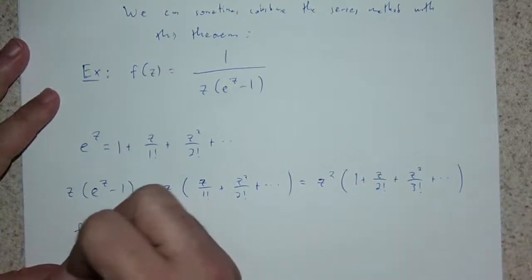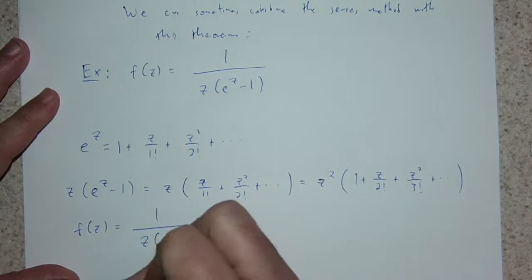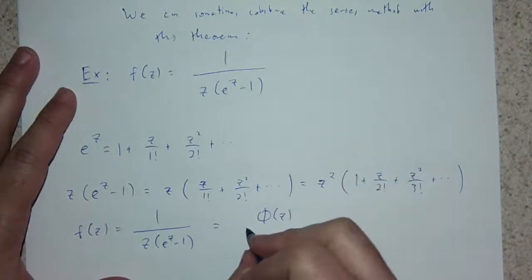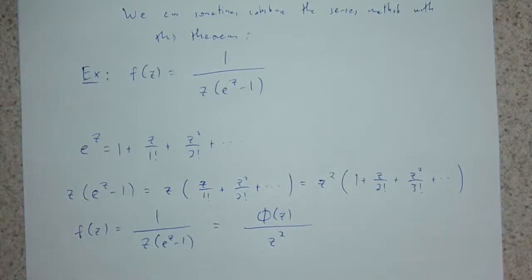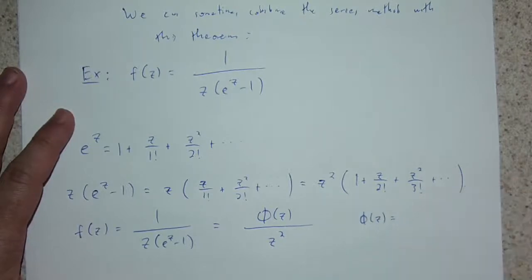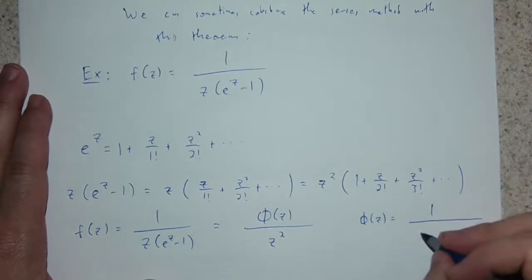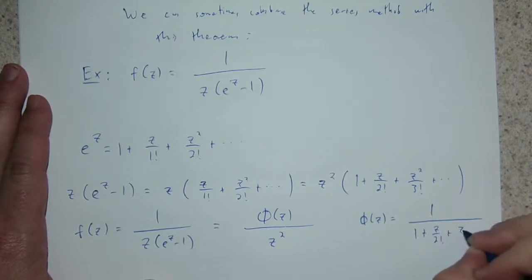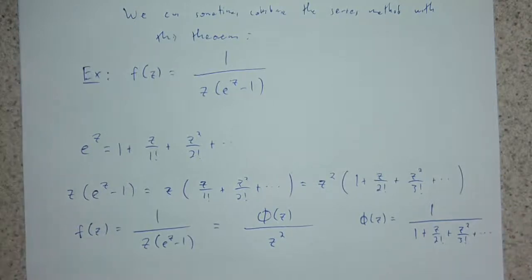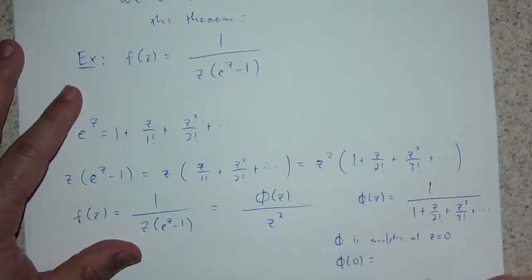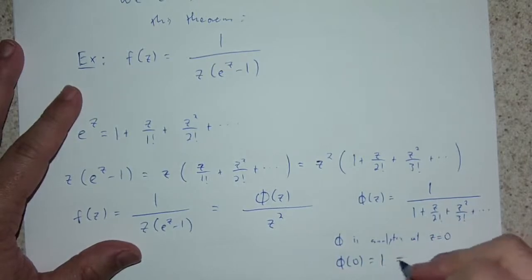Since f of z is 1 over this thing, I can rewrite this as phi of z over z squared, where phi of z is the reciprocal of this function here, 1 over 1 plus z over 2 factorial plus z squared over 3 factorial, and so on. But what's cool about this is phi is analytic at z equals 0. And phi of 0, when I plug in 0 here, I get 1 over 1. This is just 1, which is non-zero.